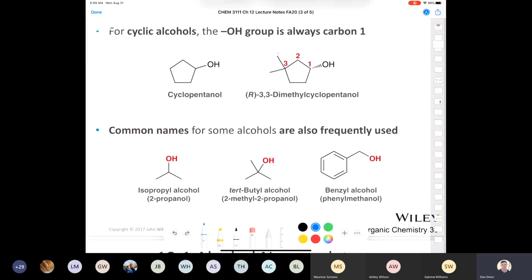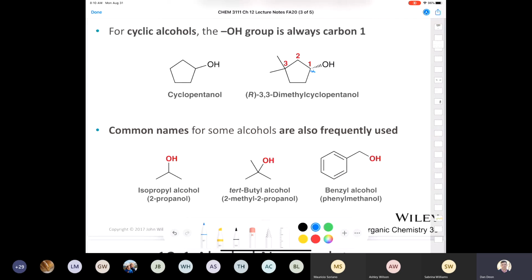However, you can see in this example, we have a geminal dimethyl over here on carbon 3, and so we have to identify that. We don't have to call it 1-cyclopentanol. Notice there's no locant there, but we do have to provide a locant for the other substituents. And so this molecule becomes R because we have a stereocenter, (R)-3,3-dimethylcyclopentanol, like that.